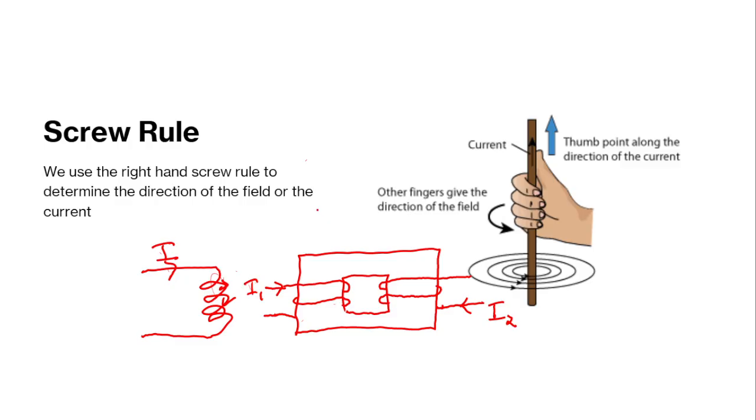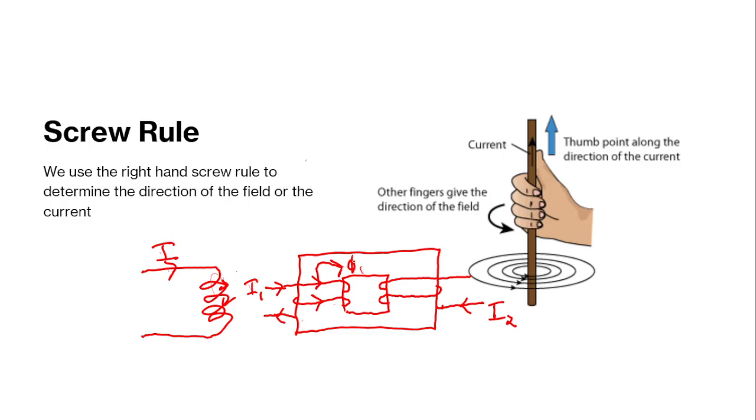So yeah, if you follow the current, this is going to go this way, and it will come back around and go this way, and it will exit. So your fingers are going to curve from left to right to point in the direction of the arrows. Therefore the arrow will go up.